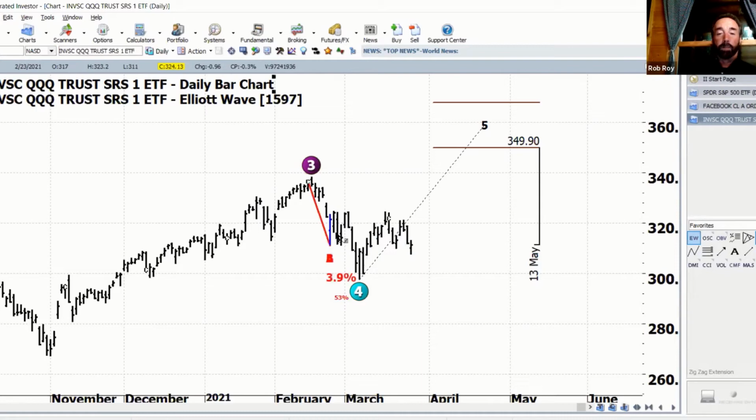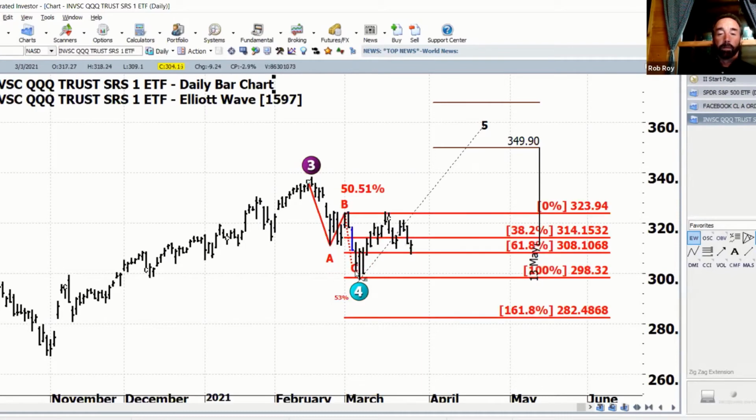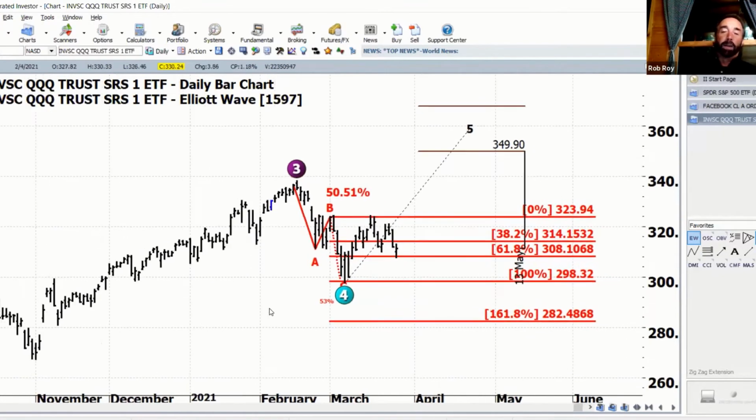So there's a complex. Look at that. 100%. Glad you asked this, Jeremy. Look at that. The perfect 50% corrective level on the B, 100% extension on the C. I mean, does it get any better than that? I mean, that's as good a zigzag example as you can have.